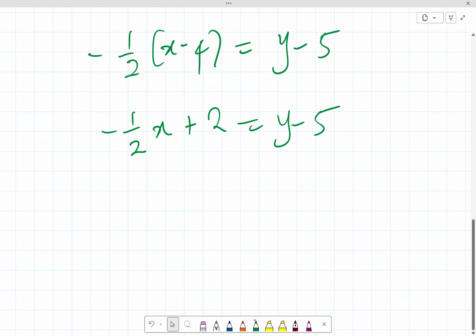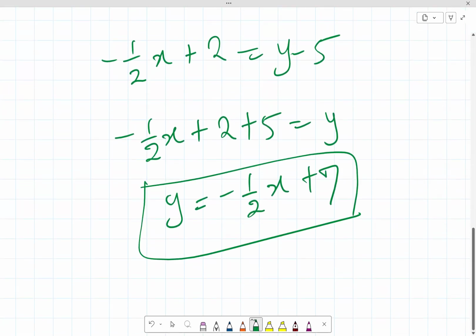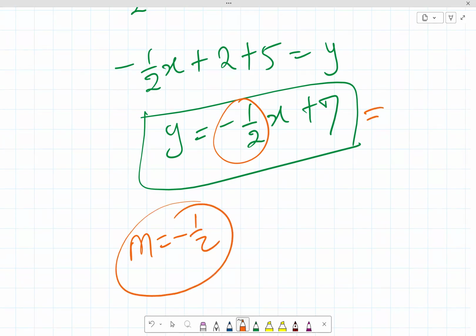So that way, we can say this is minus 1 over 2x plus 2 plus 5 equals y. So y is equal to minus 1 over 2x plus 7. Okay, minus 1 over 2x plus 7. So at the end of the day, you see this one still comes back to that form where you have y equals, where the slope, of course, can be read out to be minus 1 over 2 if you compare it with y equals mx plus c.